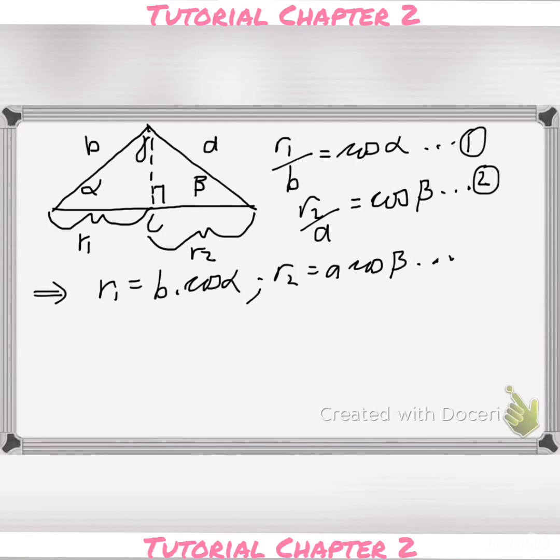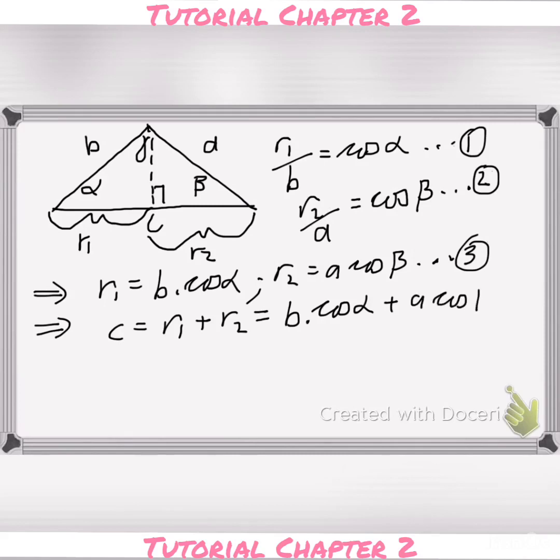Okay, and then you can note that C is the line R1 plus the line R2, and that is going to be B times cos alpha plus A times cos beta.